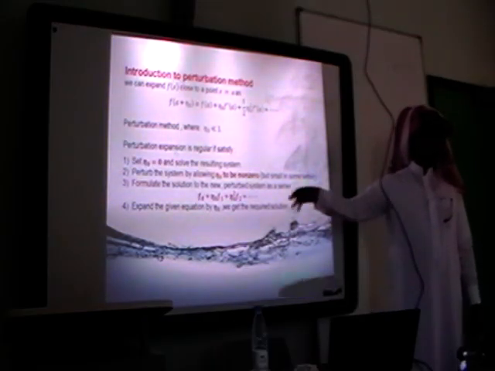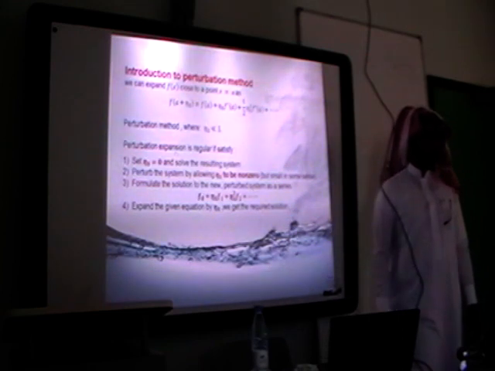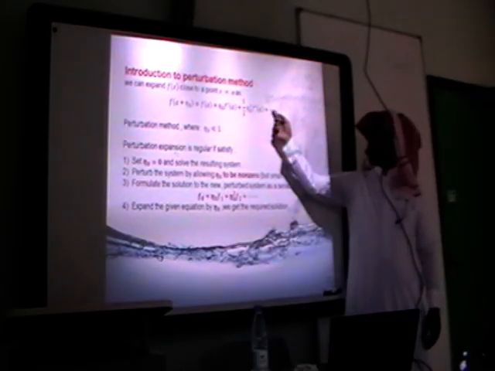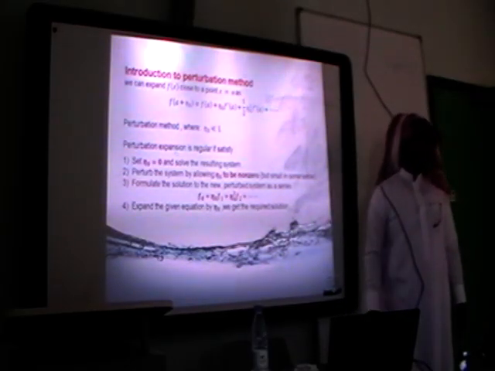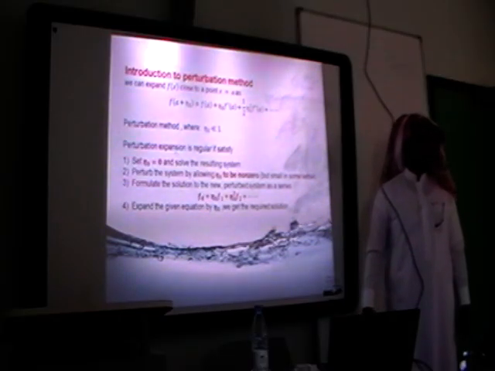Be clear about the method. Whichever term you delete becomes the order of error. Suppose you delete the third order term, then the order of error is third. Suppose you delete the fourth, the order of error is fourth. So here you are deleting the second order, so the order of error is second. And the method remains linear in eta.